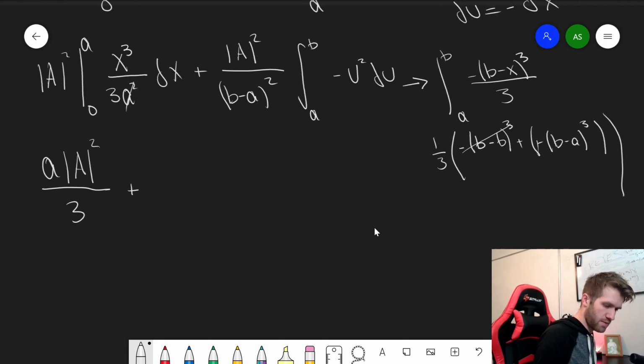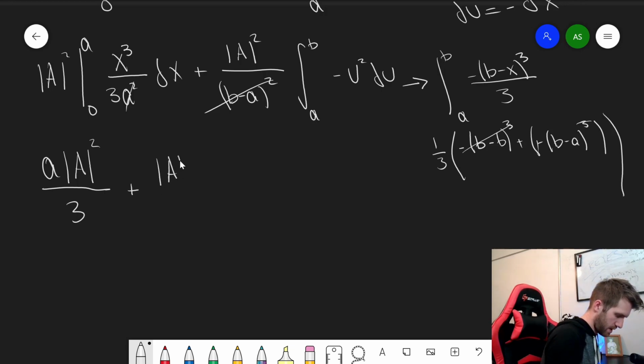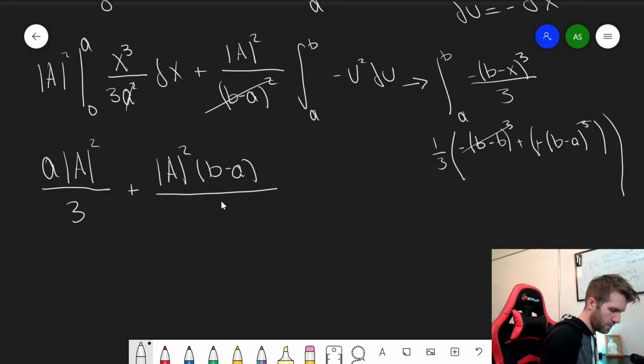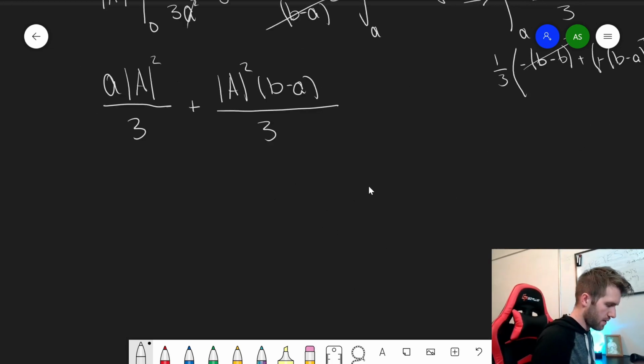Cool. Now, when we plug this all back in over here, these terms are going to cancel with that, and we are going to end up with a squared times b minus a over 3. Alright, now we can also keep in mind that this is equal to 1, right?